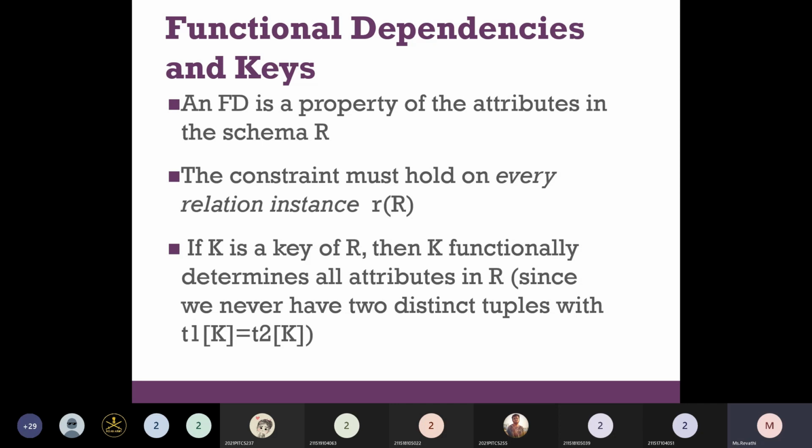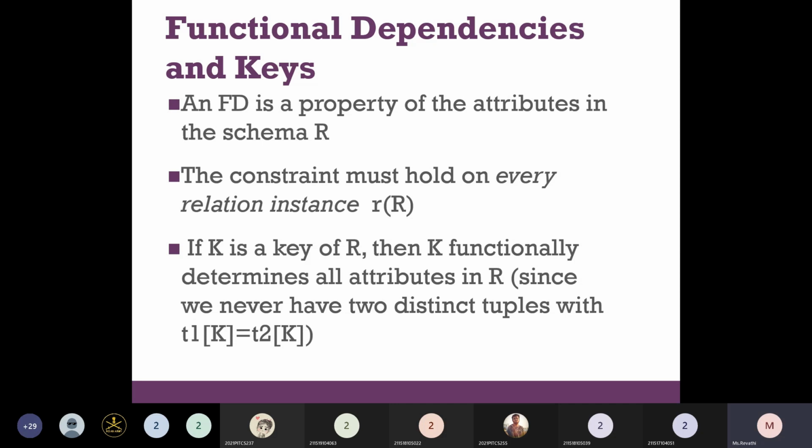Whenever a new tuple is inserted, updated or deleted, the constraint must be true in all such possible operations. Such a constraint is known as functional dependency. And if K is a key of R, then K functionally determines all attributes in R.